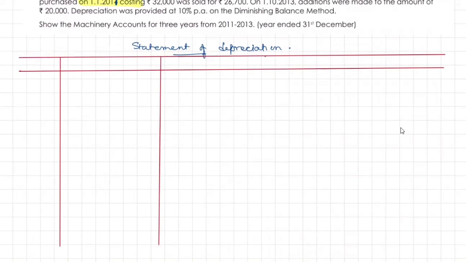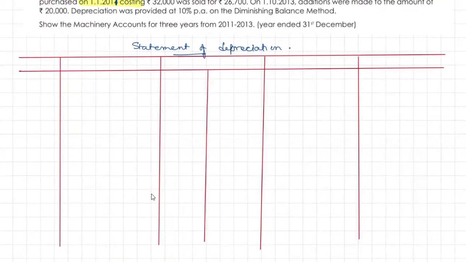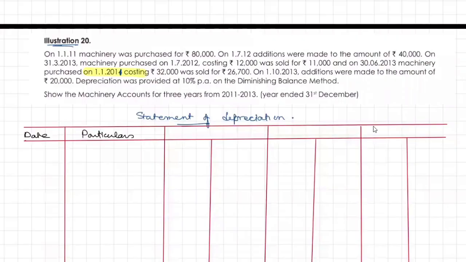Here it is machinery 1, machinery 2, and along with that there will be a total.